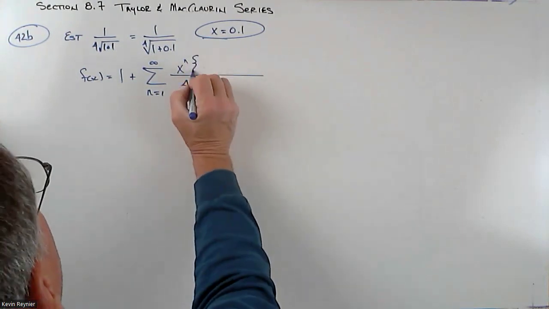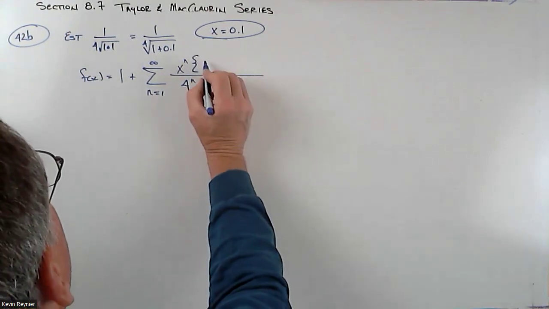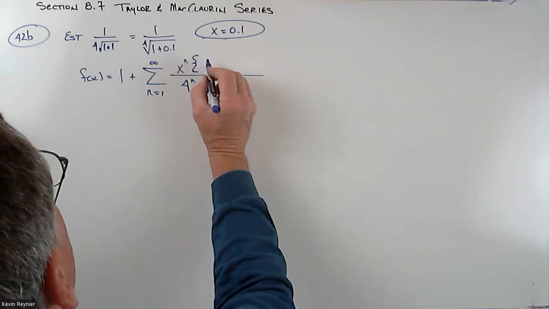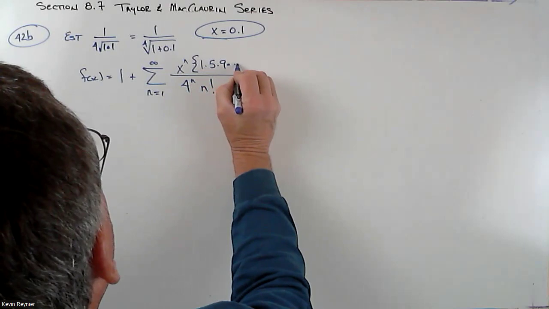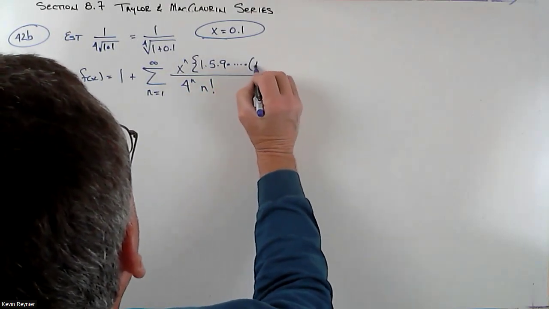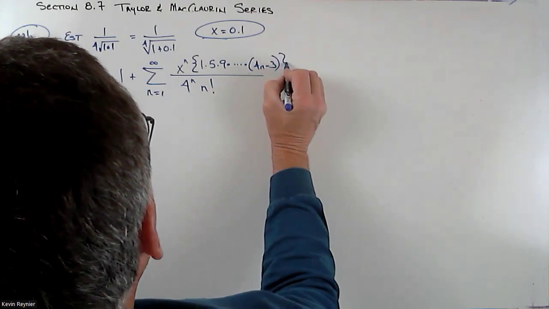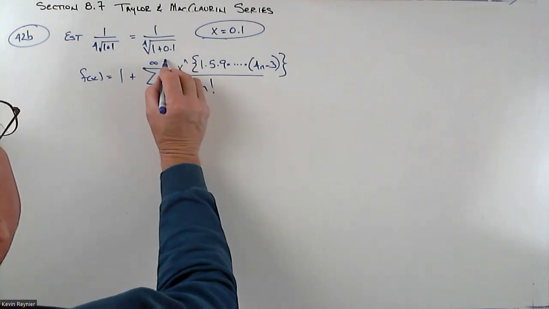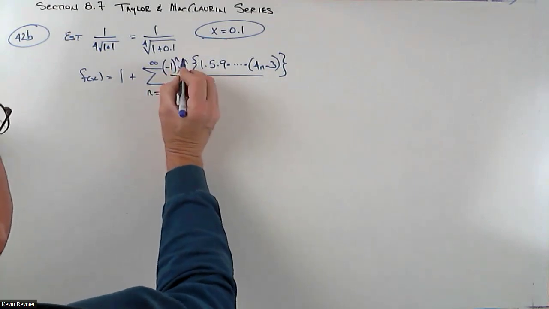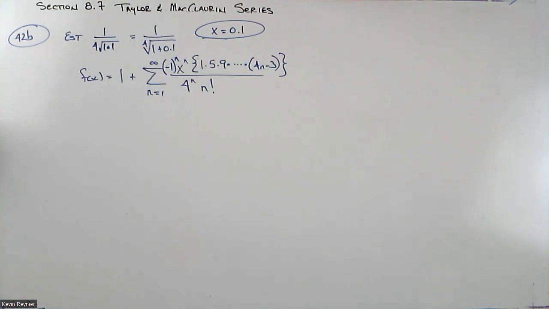And then this, I just erased it. It was 4n minus 3. So we had 1 times 5 times 9 times through 4n minus 3. I really hope that was the actual series because, oh, it was alternating, right? I left out the (-1) to the n. All right, there we go. I'm pretty sure that was our series. I'm hoping it is because I'm going to do the rest of the problem assuming it was.